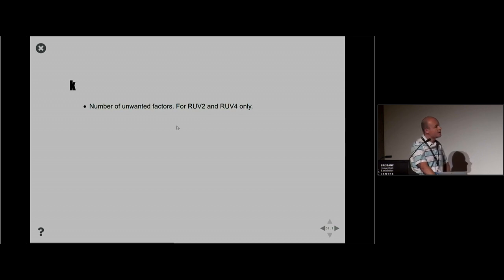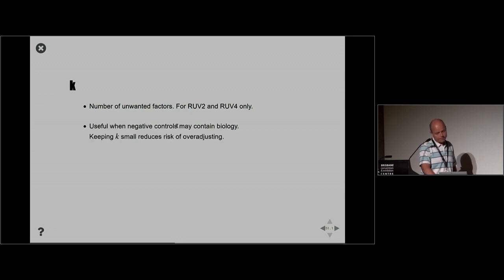There's the parameter k, that's for RUV2 and RUV4. That's the number of unwanted factors to include in the model. There's a special situation when you want to make use of this k, and that is when you suspect that your negative controls do contain at least some biology.